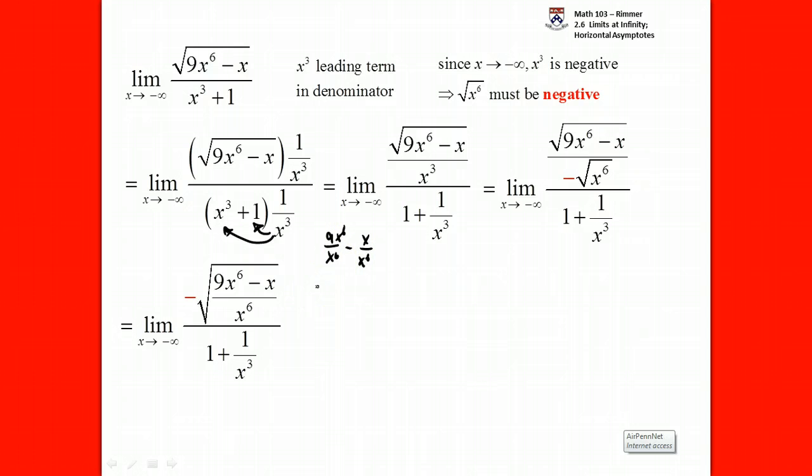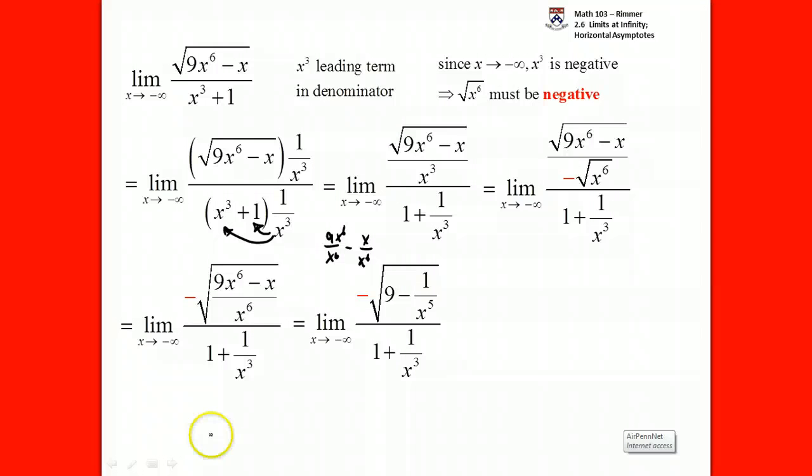So that's going to be 9 minus 1 over x to the 5th. That's how that one's going to cancel. We're setting this up so any term that has 1 over x to a power will go to 0. We saw that in the previous lecture notes. So this is why this one goes to -3 and not to 3.